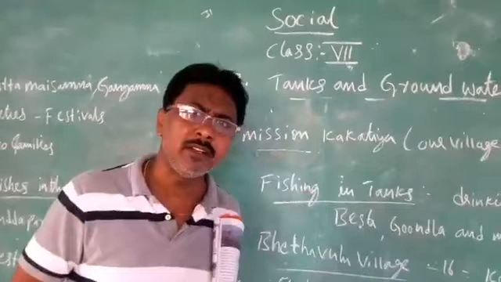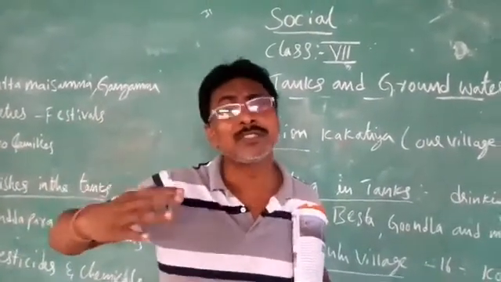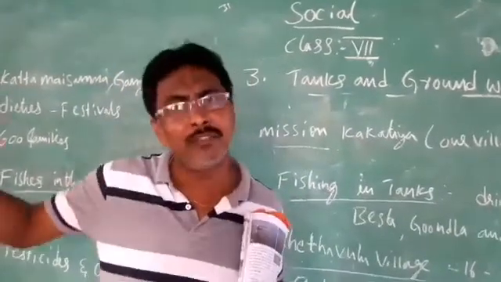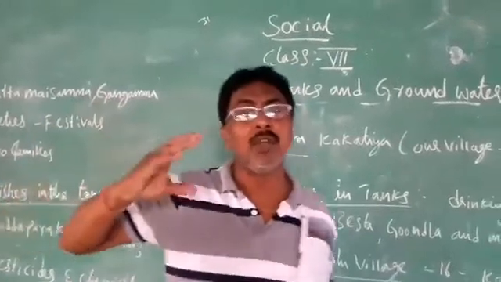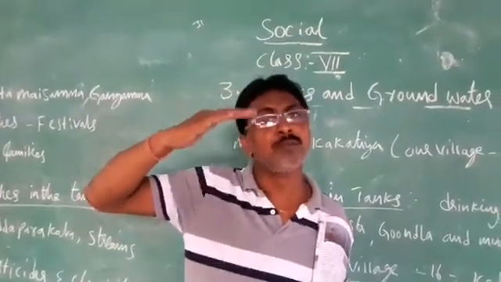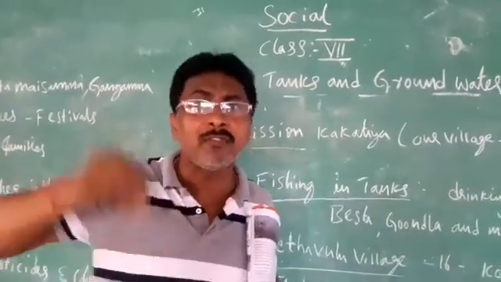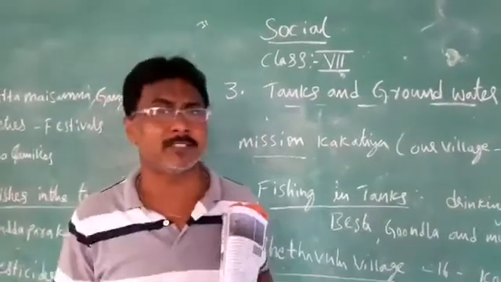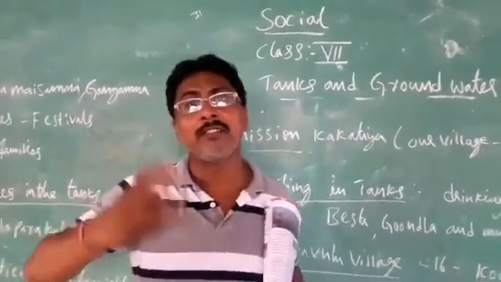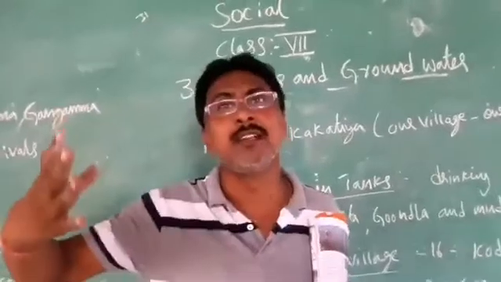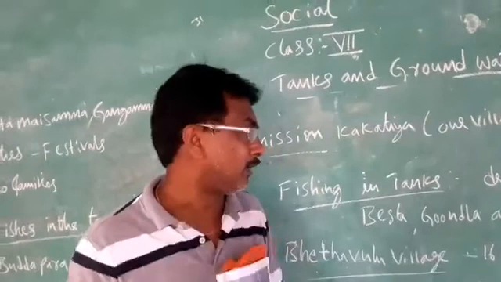It is a very big river, and they used to fish there. They also used this water for agriculture, for the fields. That river used to give water to near about 300 acres of land, for agriculture and crops.